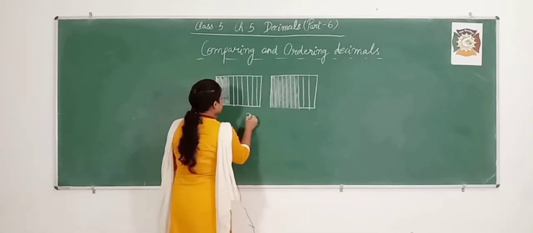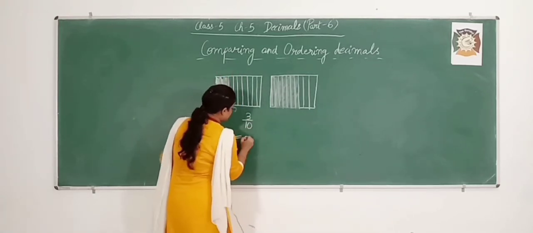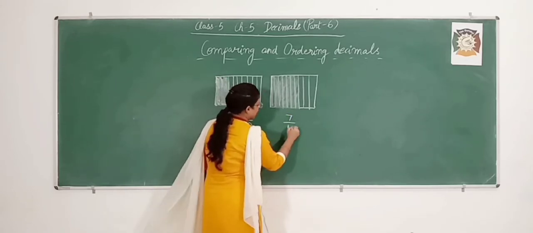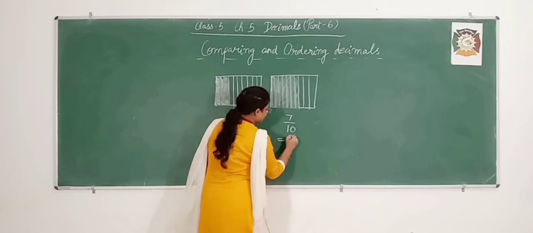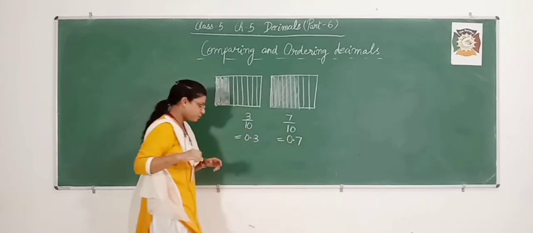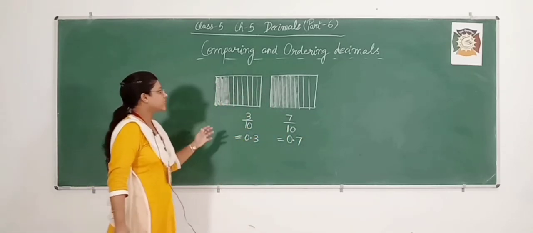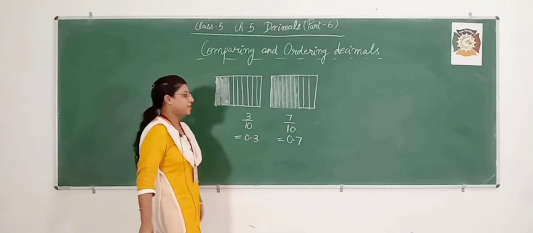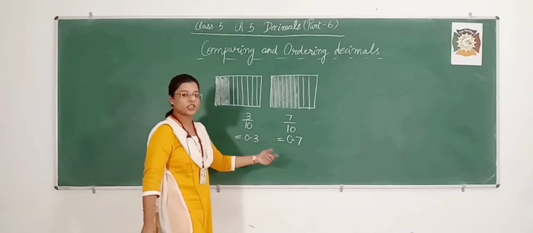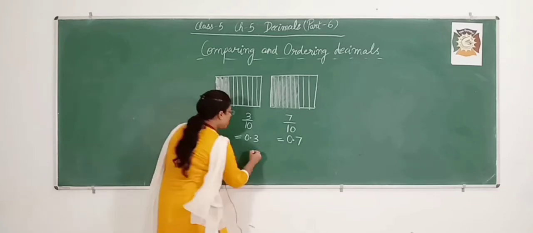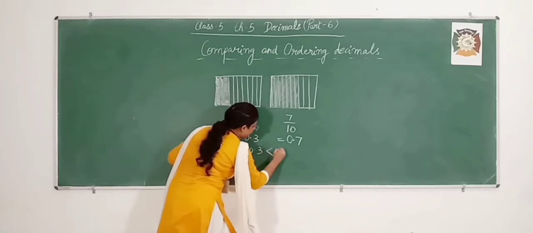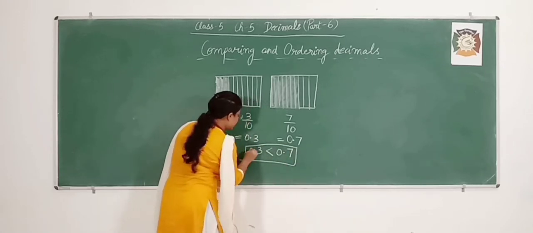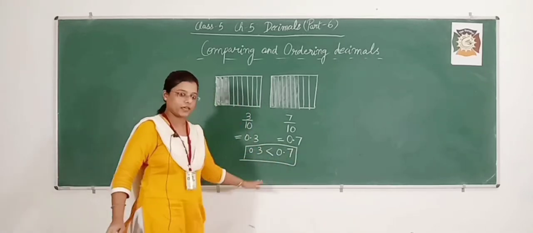This will be represented by 3 out of 10, that is 0.3, and this shaded portion will be represented by 7 out of 10, that is 0.7, right? And you can very easily tell me which wall has greater shaded portion. So that will be 0.7. So clearly you can see that 0.7 is greater than 0.3 here, right?